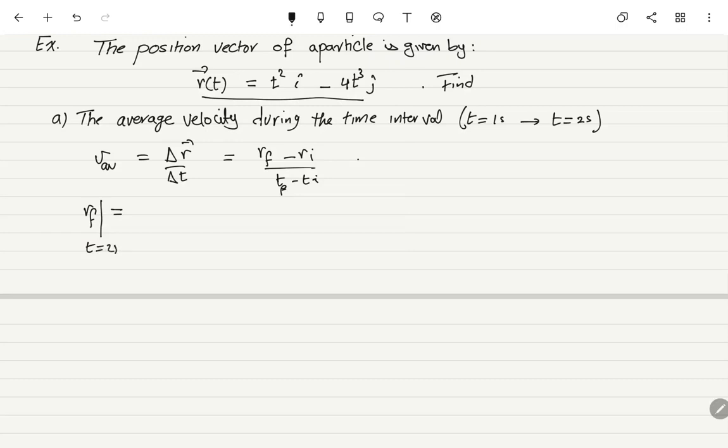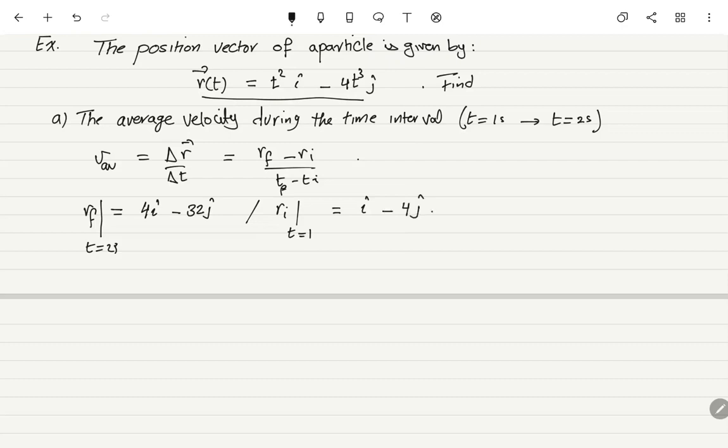You just substitute t = 2 seconds into this equation and find that r final when t equals 2 seconds is equal to 4 i hat minus 32 j hat. Now r initial, when t equals 1, is i hat minus 4 j hat.